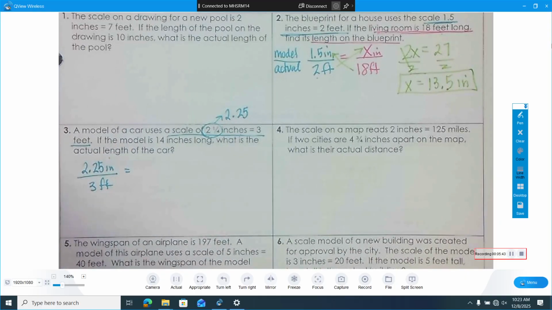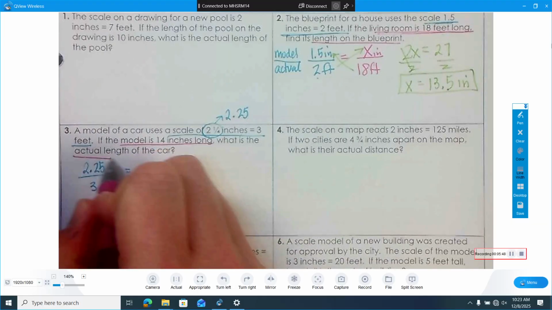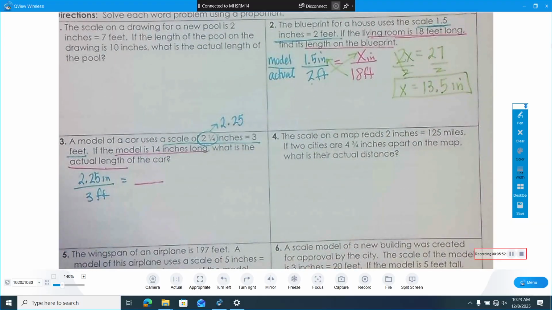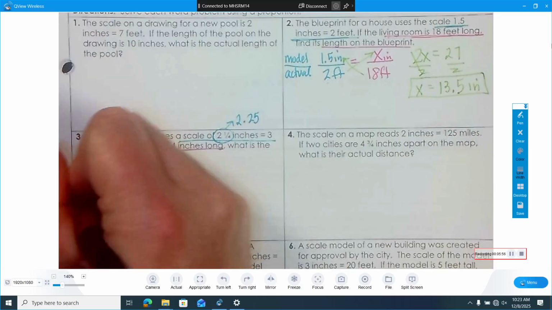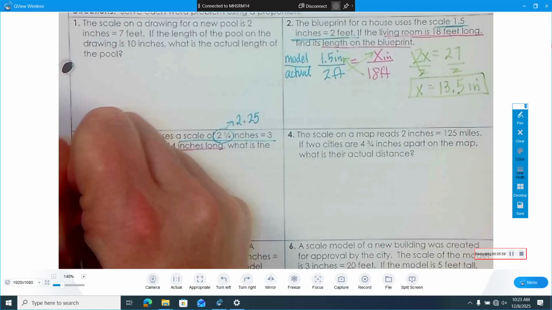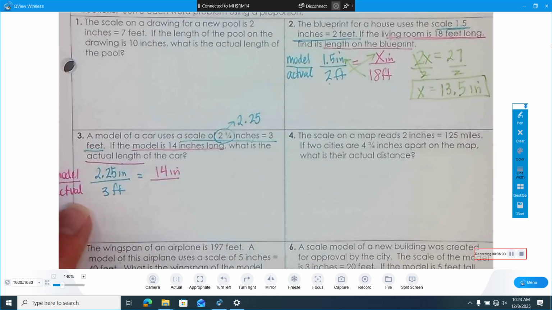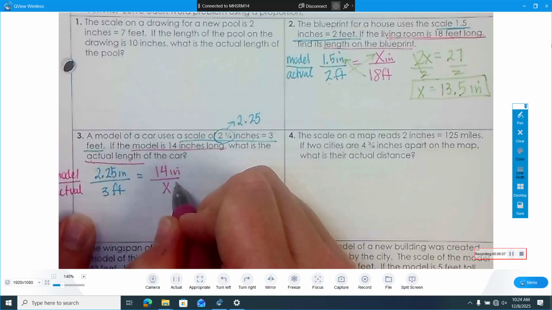And then it says, if the model is 14 inches long, what is the actual length? Where should that 14 inches go? Top. Because that's information about the model. And we want everything about the model on top and everything actual on the bottom. The actual length we're trying to figure out, that's going to be the X on the bottom.